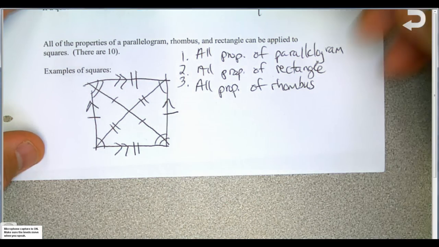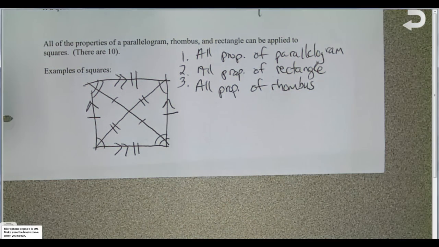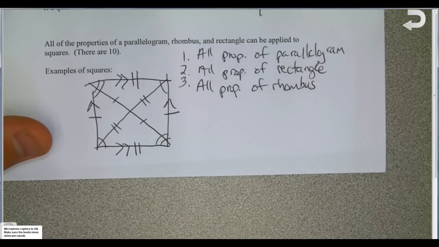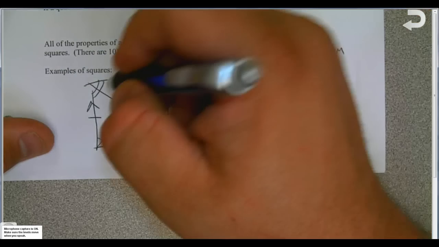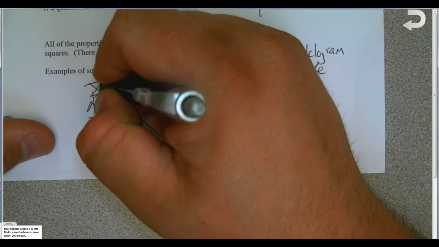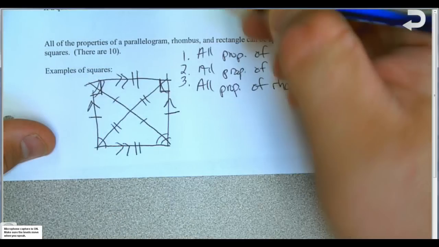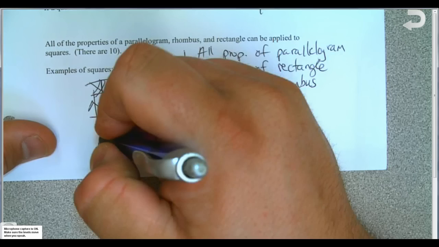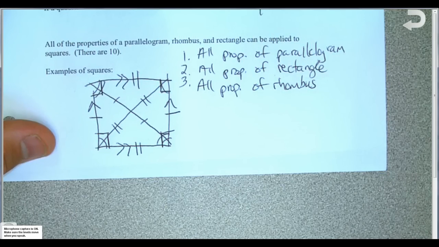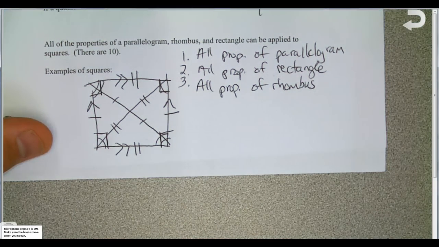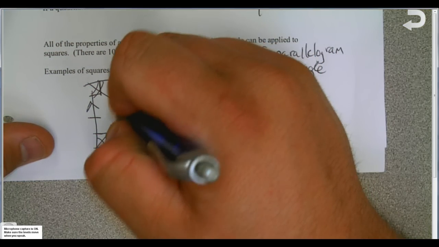So right now, all I've drawn is a parallelogram, but a square has also got the properties of a rectangle. So not only are the angles congruent, but they're right angles, and now the diagonals are congruent.